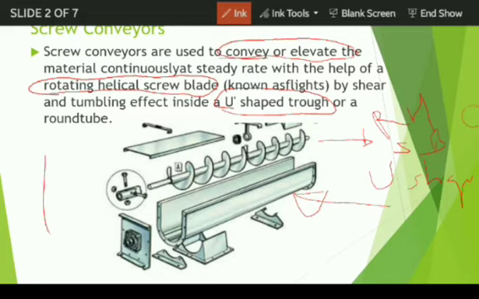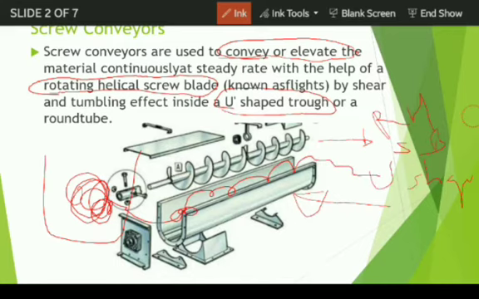Suppose here we place the material and that is conveyed through this up to this, and this will be conveyed at steady rate.